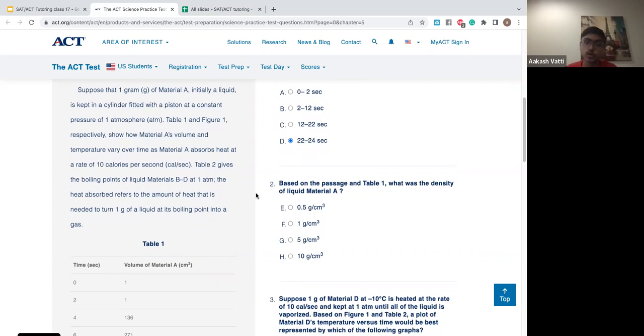Question 2. Based on the passage in table 1, what was the density of liquid material A? So I'll give you guys a minute to do this. Again, just put your answer in the chat so I know you guys got it. And if you don't know how to do it, just say, could you please explain it?